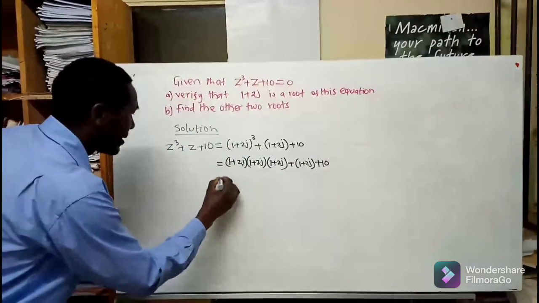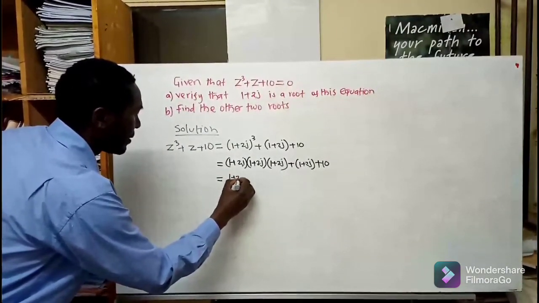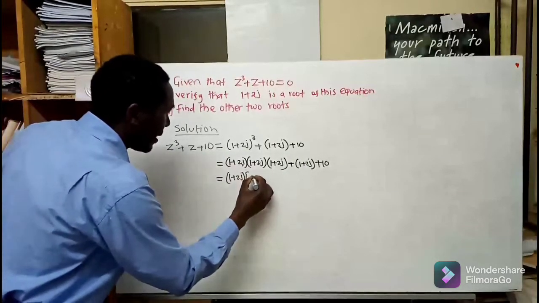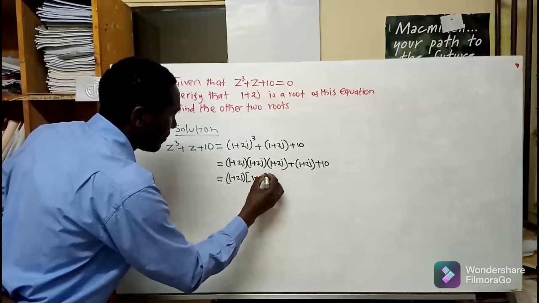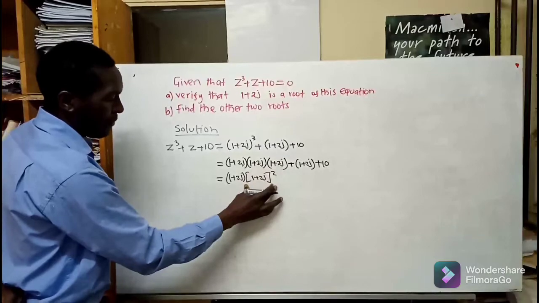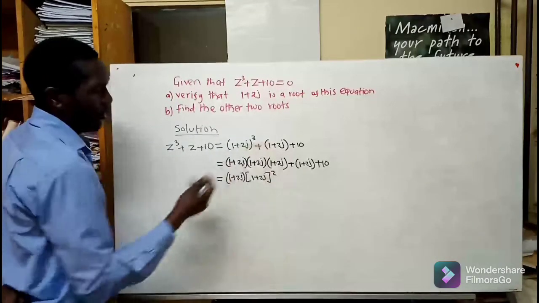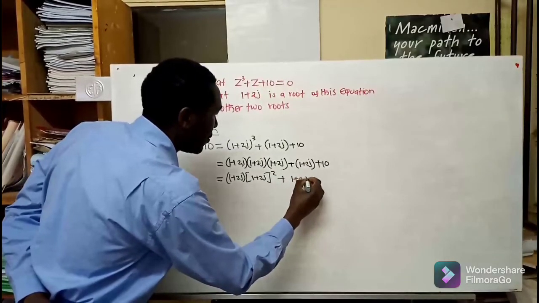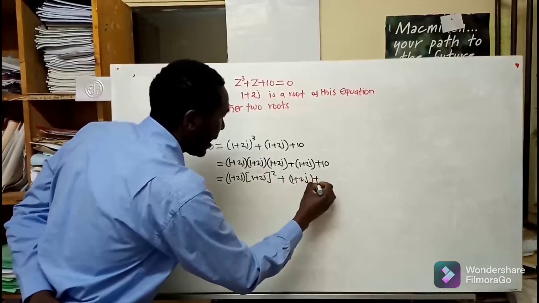Open the brackets. This gives us 1 plus 2j. This one can be written as 1 plus 2j squared, because it is this times that. So we combine the second two brackets. We add 1 plus 2j, then we add 10.